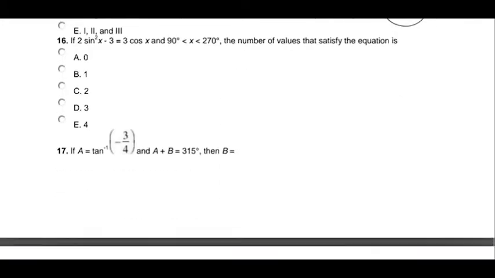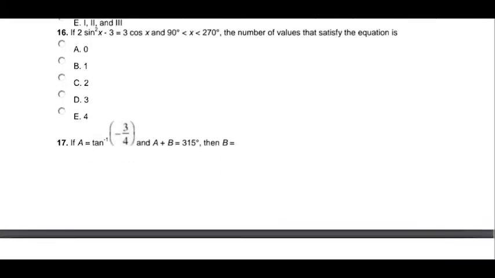Question 16. A bit of work in this one now. So if we look at the trigonometric function here, 2 sine squared x minus 3 is equal to 3 cos of x, between those degree range, we're going to look at the equation and simplify. If we have cos and sine, we're going to use the trigonometric identity sine squared x plus cos squared x is equal to 1.